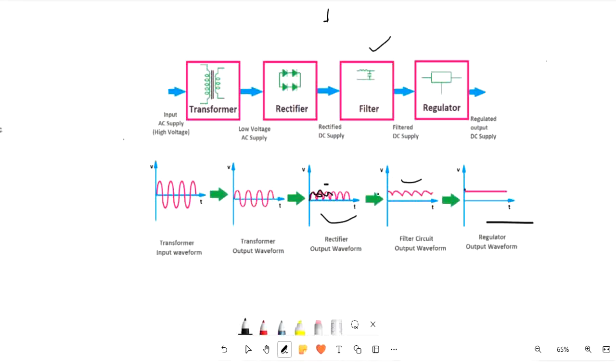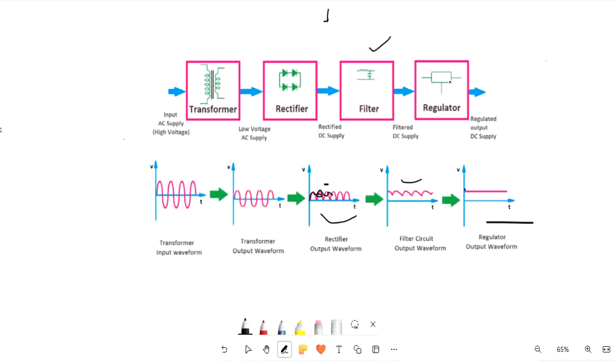This voltage consists of ripple. Ripple means some AC component is still present in it, and this AC component has to be removed. To remove it, we use a voltage regulator, which usually consists of a Zener diode.